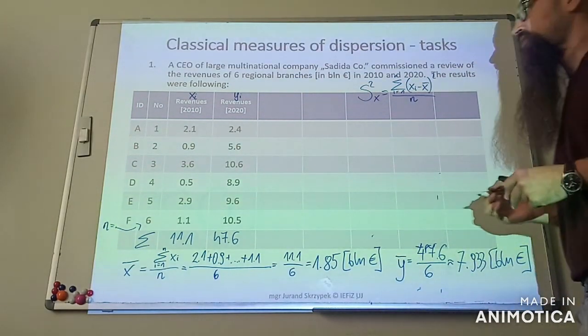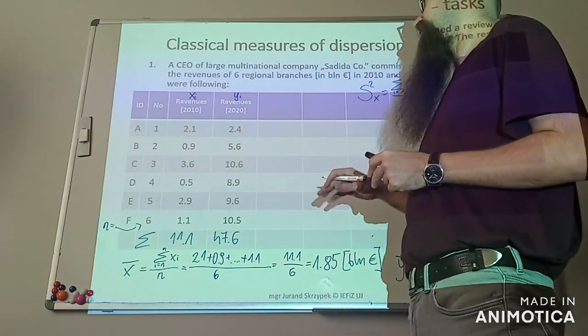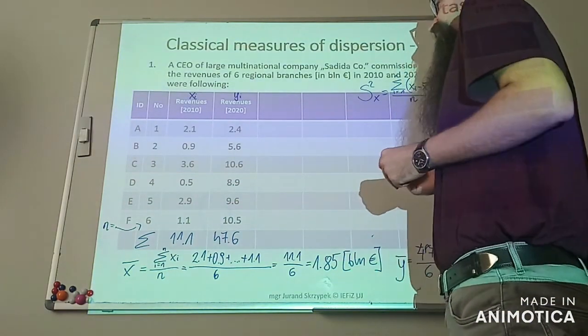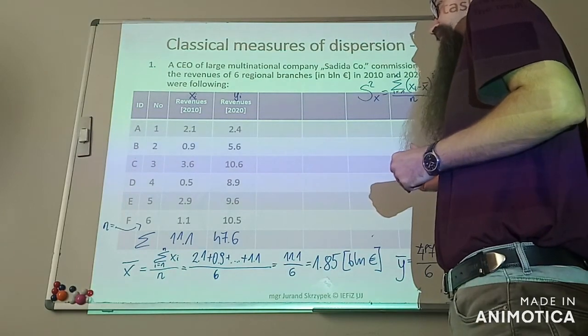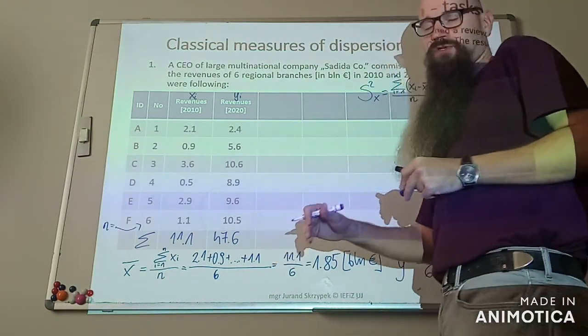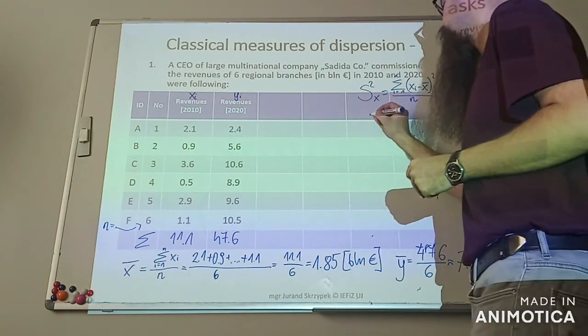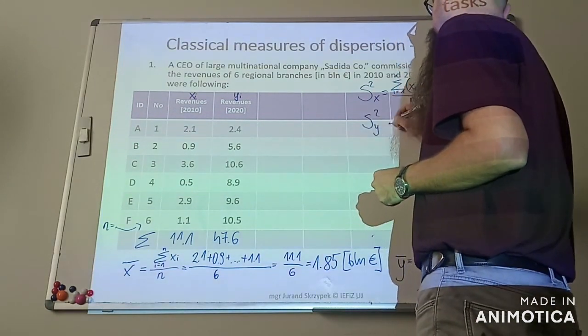Okay, but during the calculations of the variance of the revenues from 2020, I will use the second type of the formula.